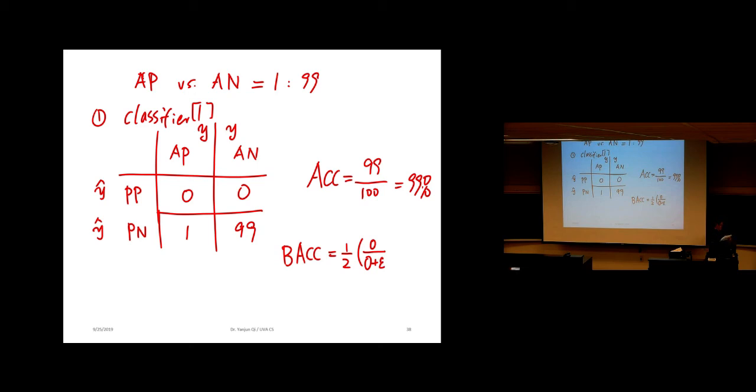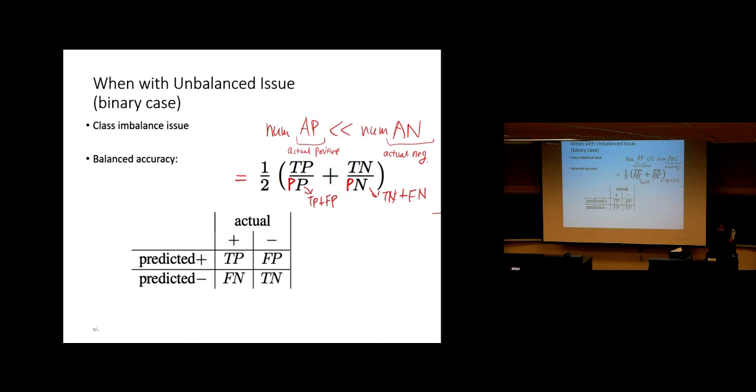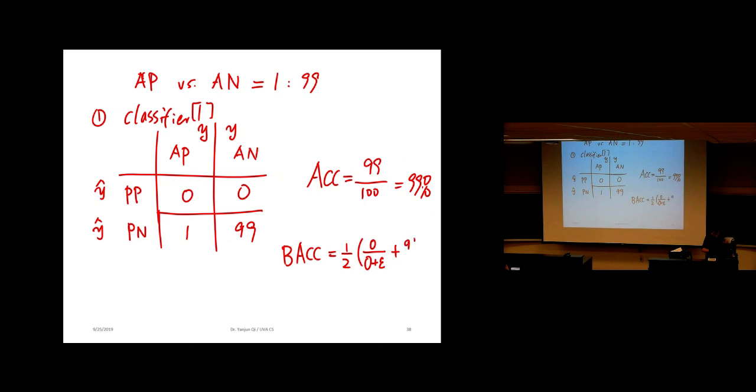Yeah, it's correct. Plus true negative is 99, and predicted negative is 100, which is 0.99, so about 0.5 overall. So this actually shows balanced accuracy.